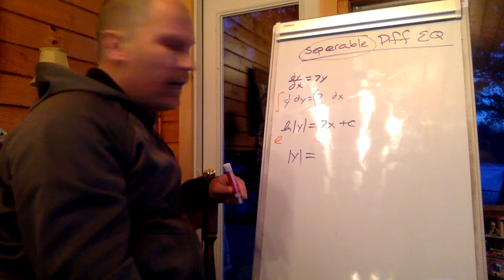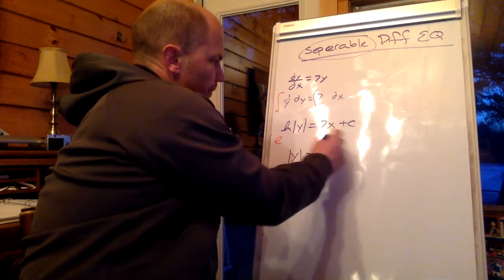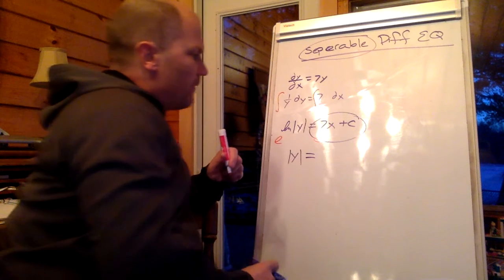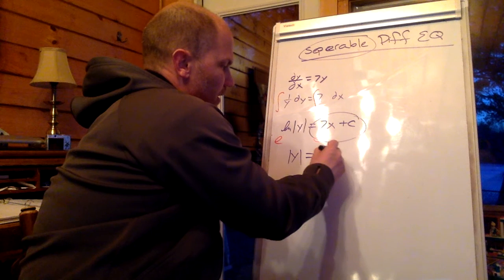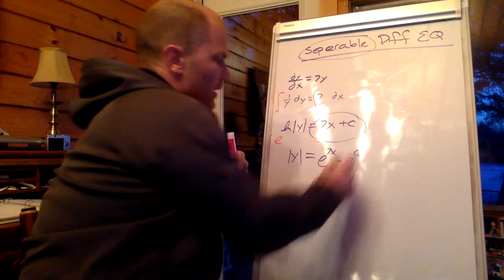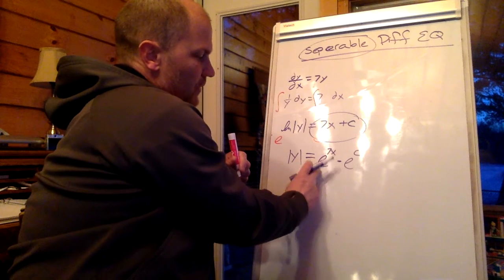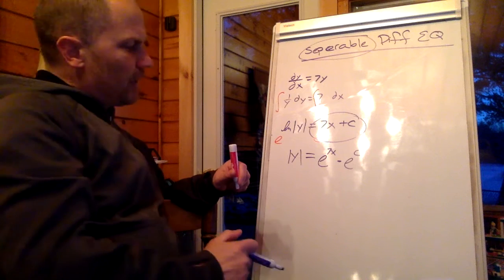Never mind. But most of the time we can drop the absolute values. The right side, we can do a little bit of fancy algebra to it. We can say that this is the same as e to the 7x times e to the c. And we remember, if the bases are the same, when we multiply, we add the exponents. That's what's happening there.